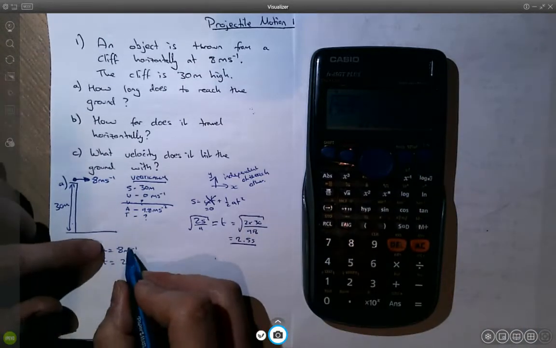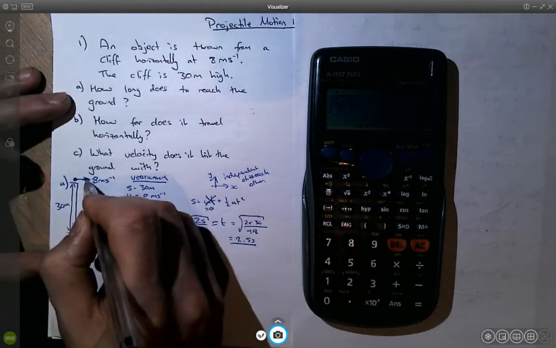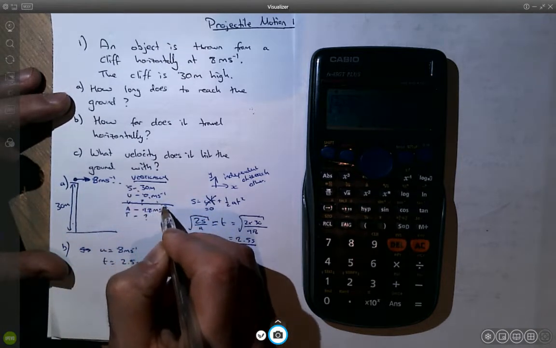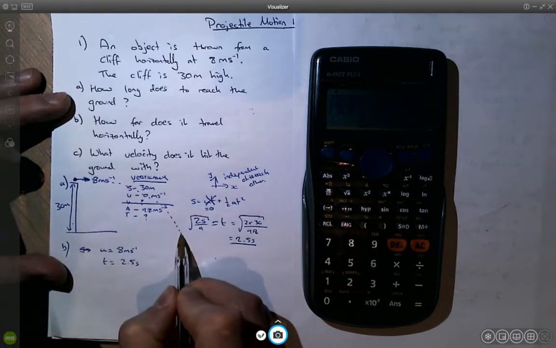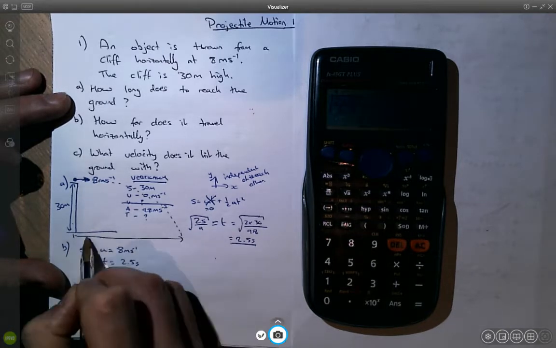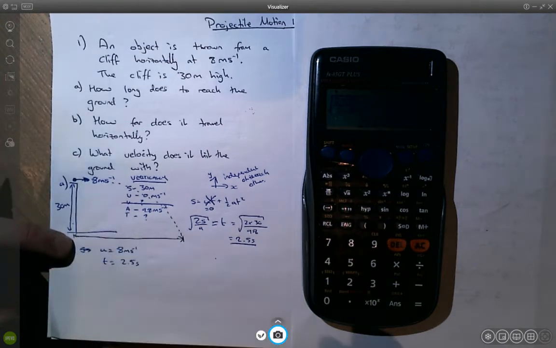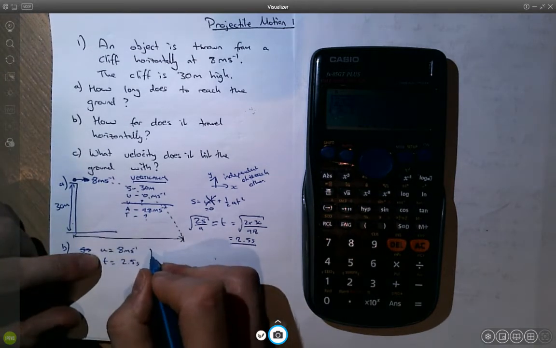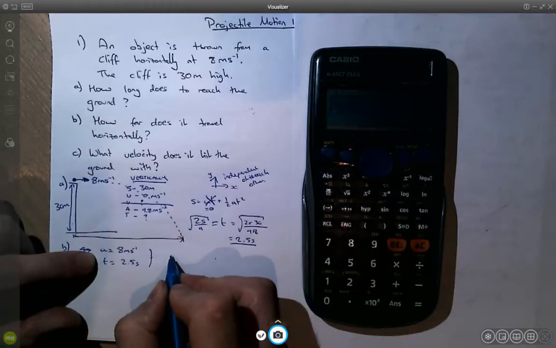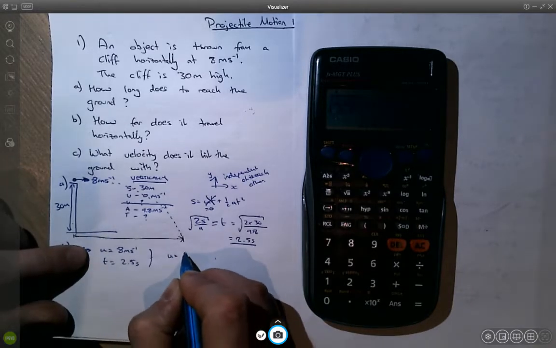And actually, we don't need to know anything else, okay? Because after 2.5 seconds, this object has reached the ground. So it stops traveling horizontally. And in the time that it is falling, it is traveling at a constant speed horizontally. So all we need to use is these two. We need to say that obviously speed is distance over time.